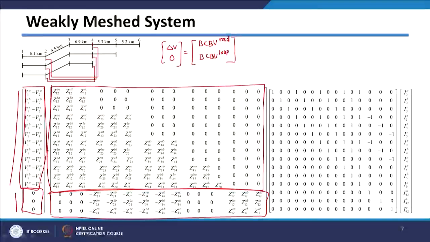Then in case of the BIBC matrix, this part of the matrix is corresponding to the radial system because it will get multiplied with nodal currents.